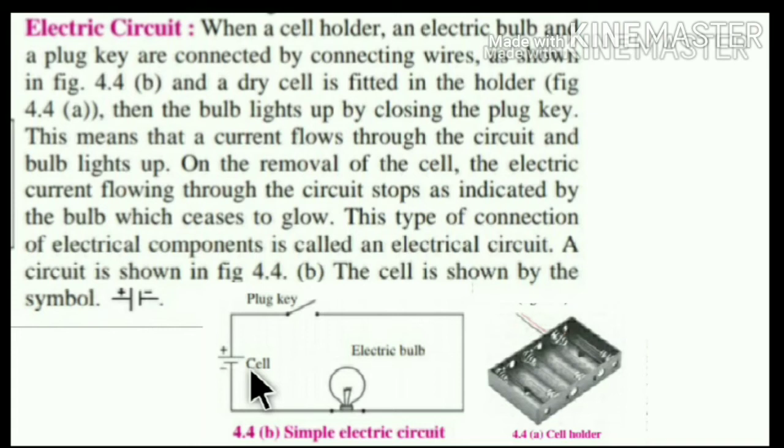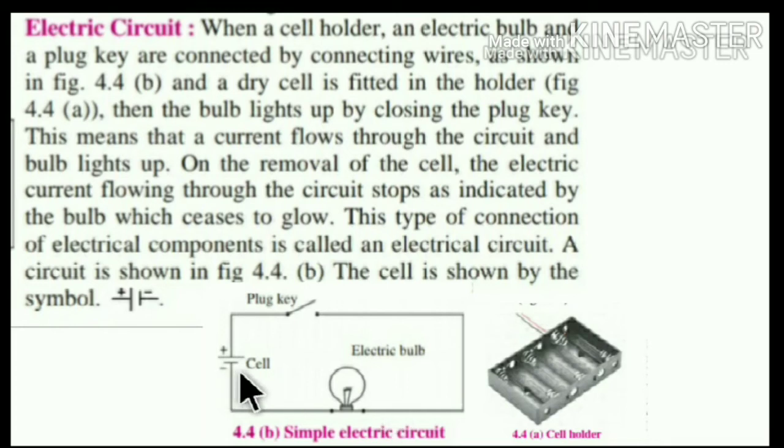Then the bulb lights up by closing this plug key. When this plug key is closed, the circuit is completed and then this bulb glows. This means that a current flows through the circuit and the bulb lights up.